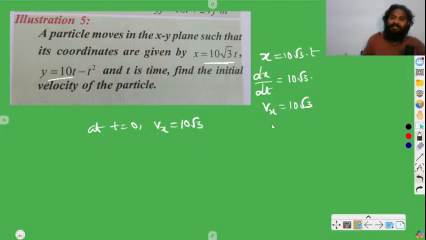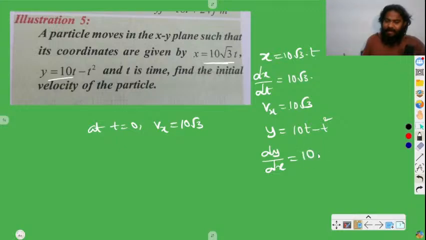And next, if you take y, y is equal to 10t minus t square. Now dy by dt, if you differentiate this, is 10 minus 2t. This is nothing but vy is equal to 10 minus 2t, right? At t is equal to 0, vy is equal to 10 minus 0.